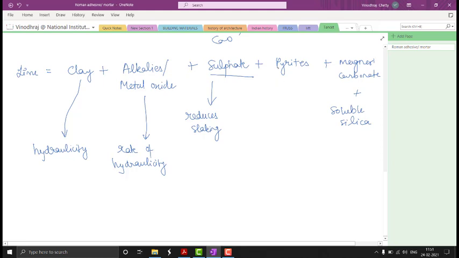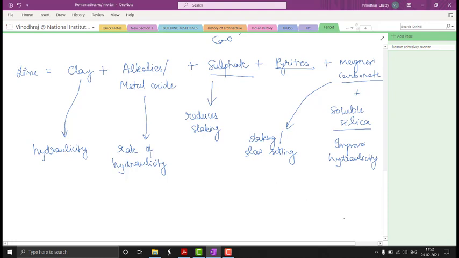Pyrites is usually not preferable in lime, as pyrite makes the lime weak. Magnesium carbonate is for slaking and slow setting. Then there is soluble silica, which improves hydraulicity. These are the basic constituents of lime.